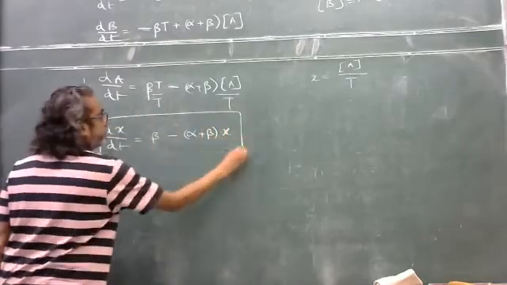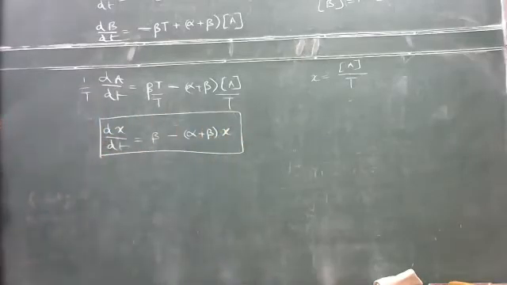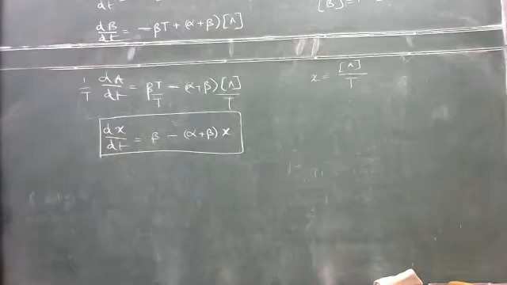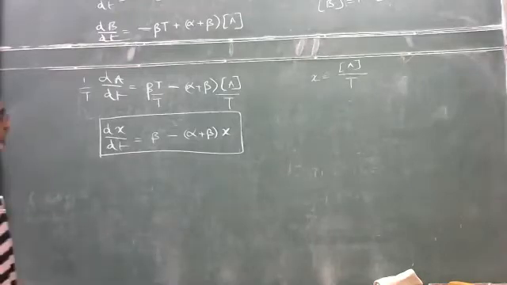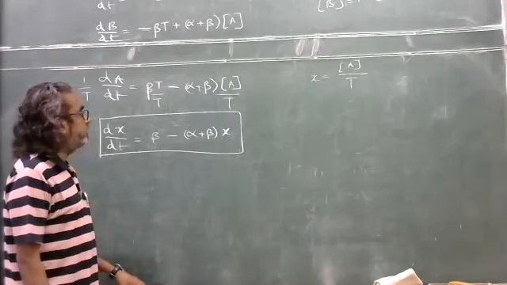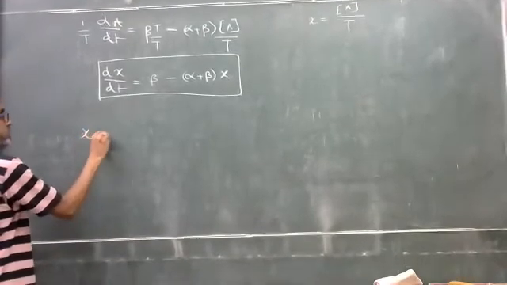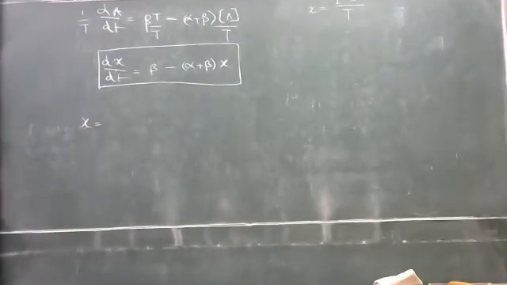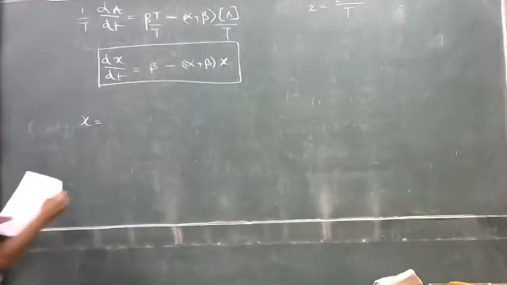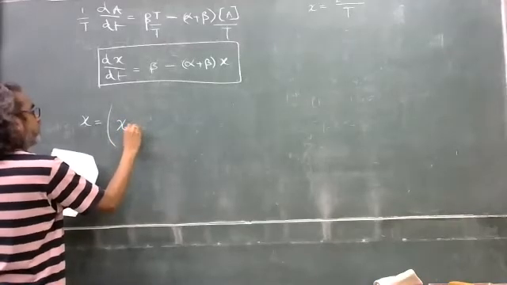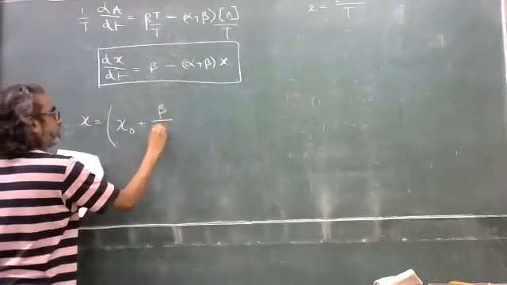This is the differential equation where we have written the concentration of A in fractional form. X is the fraction of concentration of A. You can derive this differential equation, analyze it, and integrate. Then you can get x in the form of, so I'm just writing the final expression, but you can derive this, where x0 plus beta by alpha plus beta.